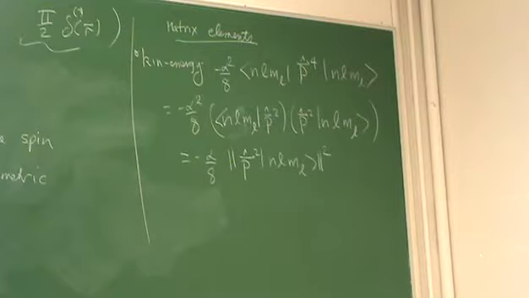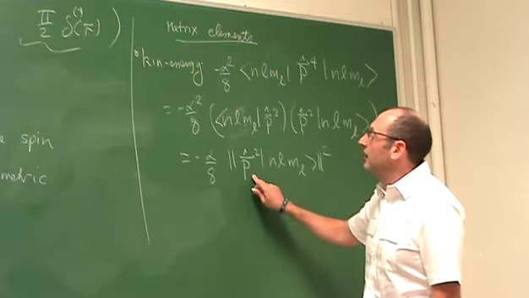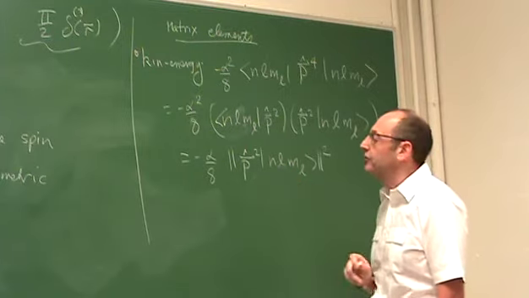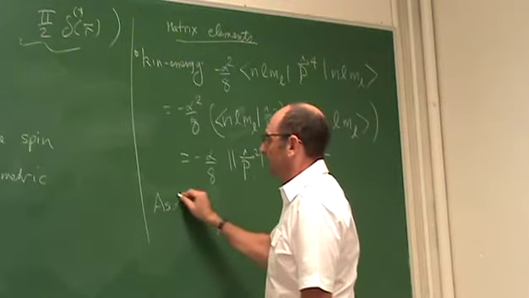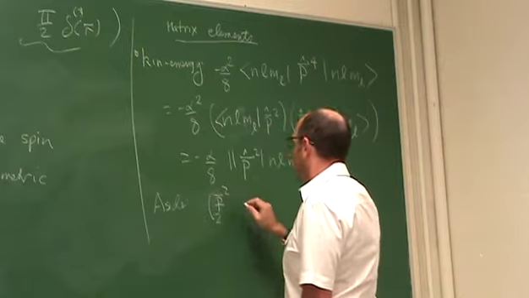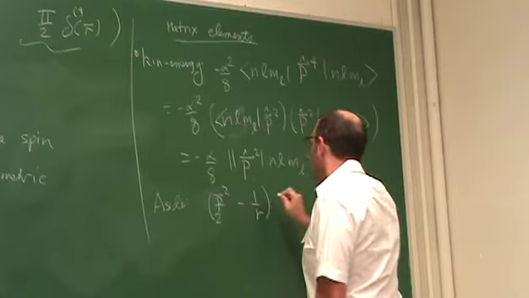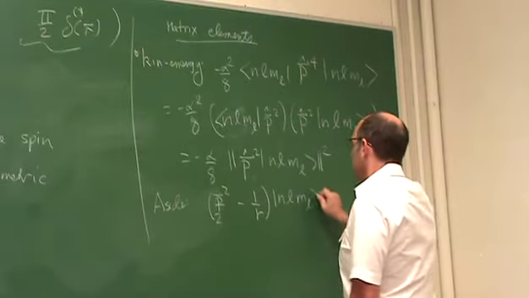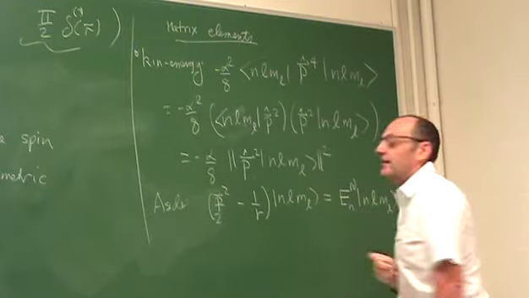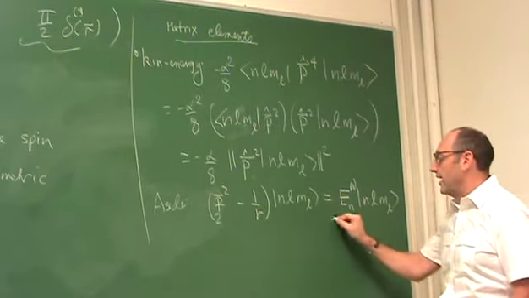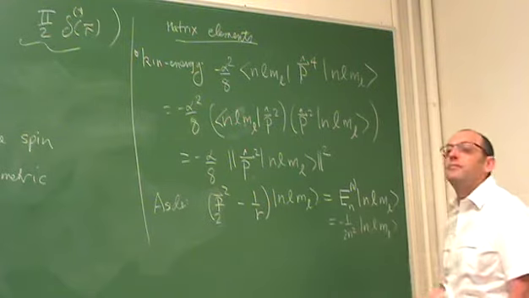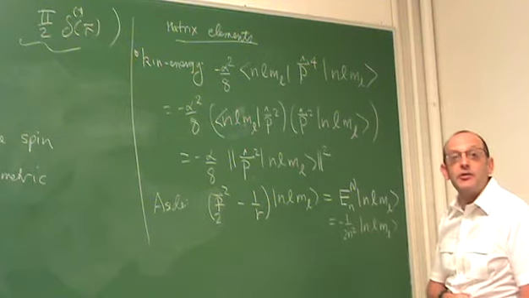But p squared operating on this ket is something we can easily calculate, or at least we can calculate this norm because of the following. We know that p squared over 2m, or 2 in the case of writing this in atomic units, minus 1 over r acting on this, is an eigenstate. That's what defined these states, with eigenvalue given by the Rydberg, the usual expression for the bound states of hydrogen.